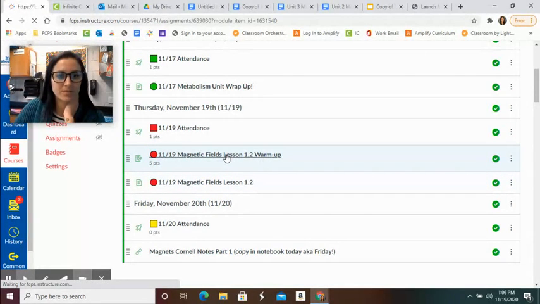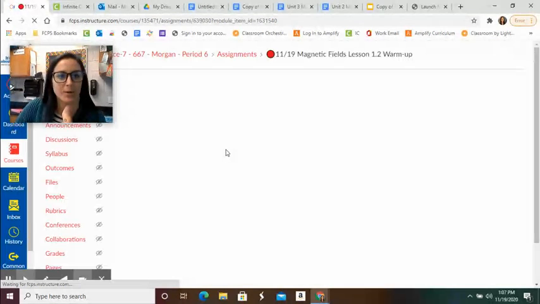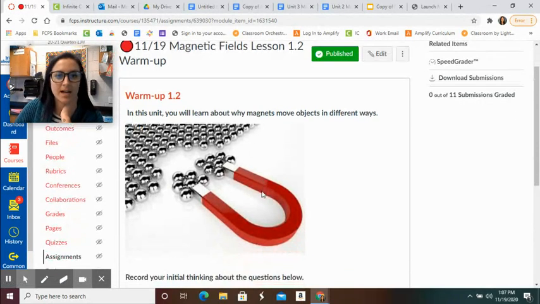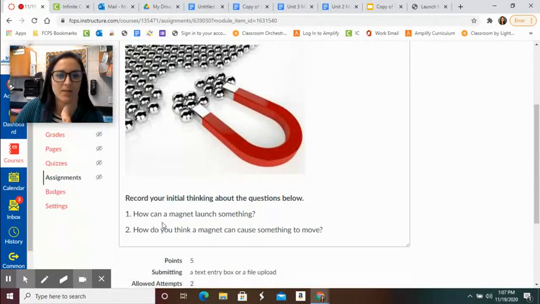On the warm up, which is the first thing that you did, you are just recording some initial ideas about magnets and what they cause to happen. And so, how can a magnet launch something? And it's not necessarily launch something across the room, it's more move something that is maybe standing still or sitting still and launch that movement, not necessarily a big launch.